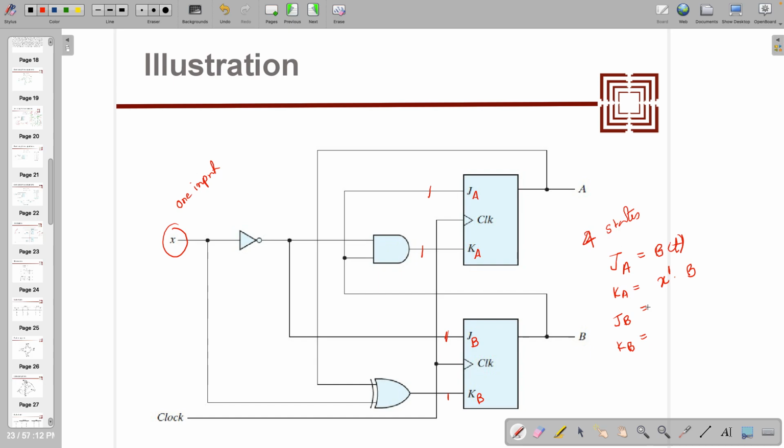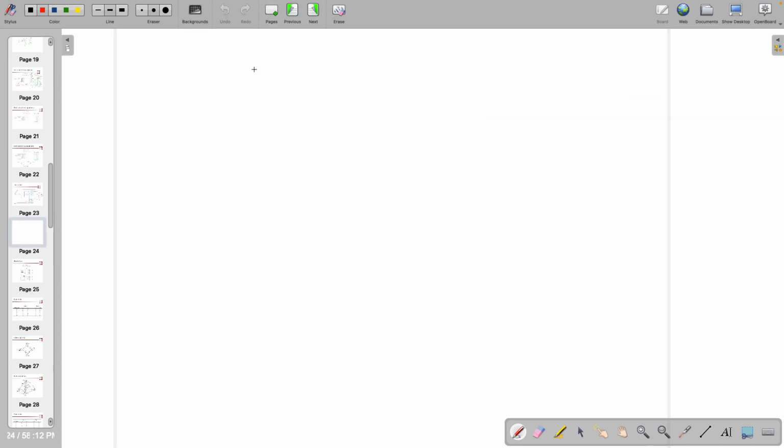So you solve it. Now what you have to write down? You have to write down the present state, A of t, B of t, and the input x, right. After writing this input x, you are interested in the next state.